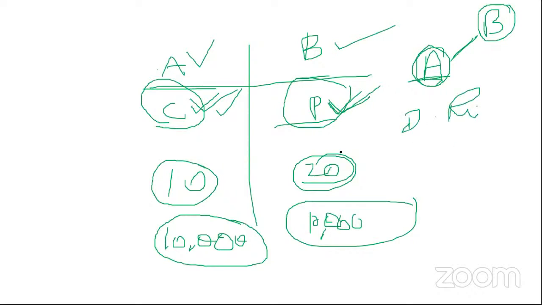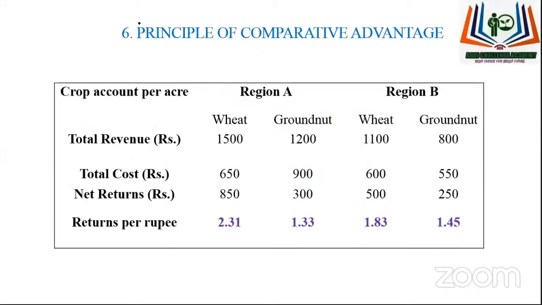Absolute advantage means one person is absolutely better than person B; that is known as absolute advantage. Comparative advantage, or relative advantage, the concept in international trade, was given by David Ricardo.